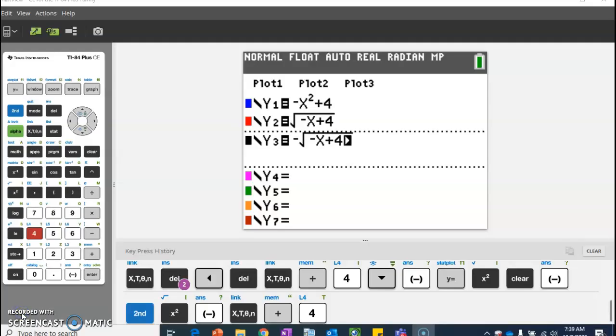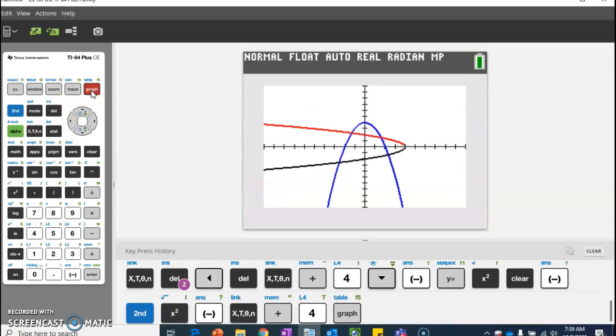All right, so I've put in each of the equations. My original equation is negative x squared plus 4, and then my inverse actually has two parts, a plus and a minus part. So I put both of those into y equals, and now I'm going to graph. My original will be in blue, and then my inverse will be in the red and the black. So let's see what I get.